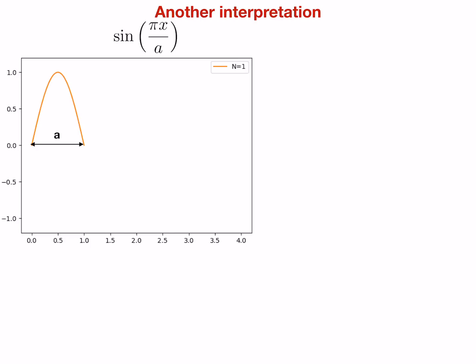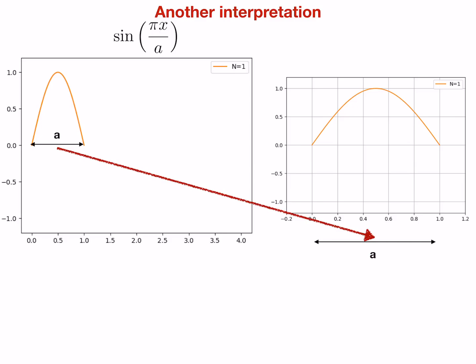And first we look at the one cycle only, which is scaled to the interval 0 to a. Now we can map this function to an interval 0 to a, and this is basically an identity map. You essentially have the same thing.